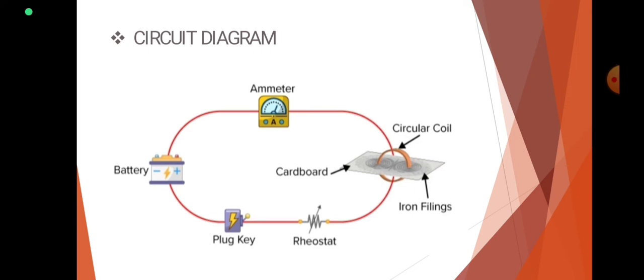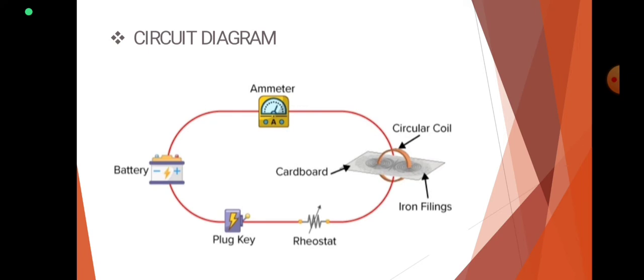When the plug key is on and current passes from the battery and ammeter to the circular coil on the cardboard, we can see that the magnetic field lines near the coil are concentric circles at both sides, for upwards and downwards current, and in the middle part of the circular coil, the magnetic field lines are straight.